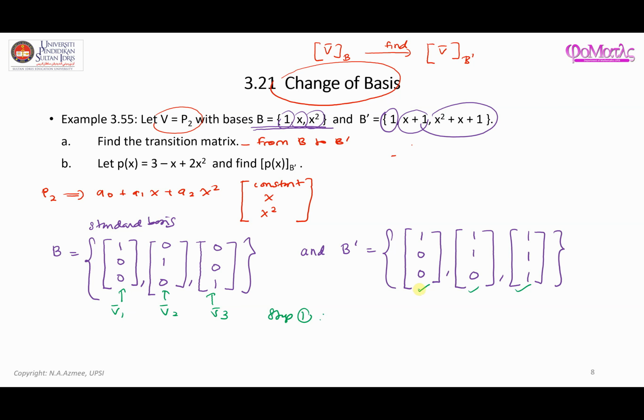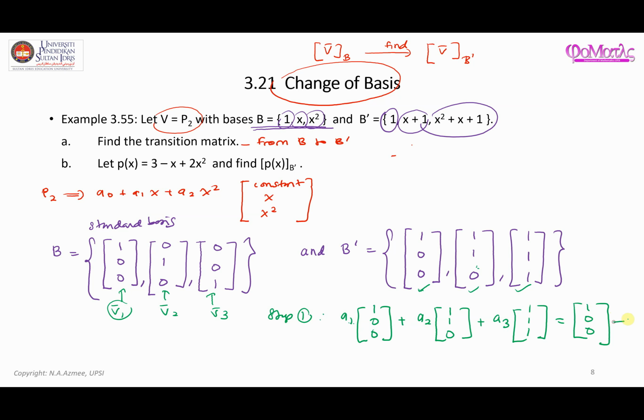So here I have a1, a scalar next to this vector 1, 0, 0, plus a2 times 1, 1, 0, plus a3 times 1, 1, 1, must equal the old vector, 1, 0, 0. So that's the idea. I'm going to call this equation 1.